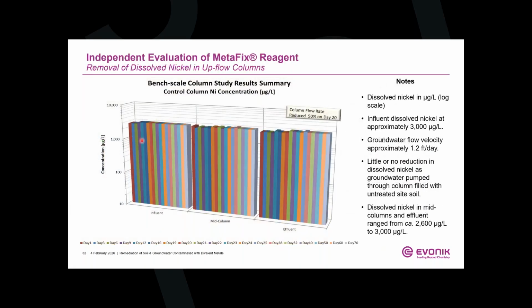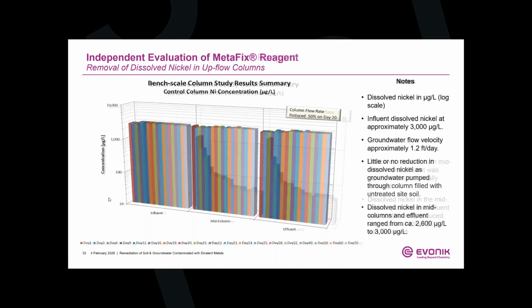In that system, pumping that groundwater through the solids alone, there was no retention, no reduction. What went in came out over the entire 70 days of pumping through these columns. Roughly 3,000 ppb of nickel coming in, 3,000 ppb of nickel at the mid-column sampling port, and about 3,000 ppb of nickel in the effluent coming out the top of those columns.